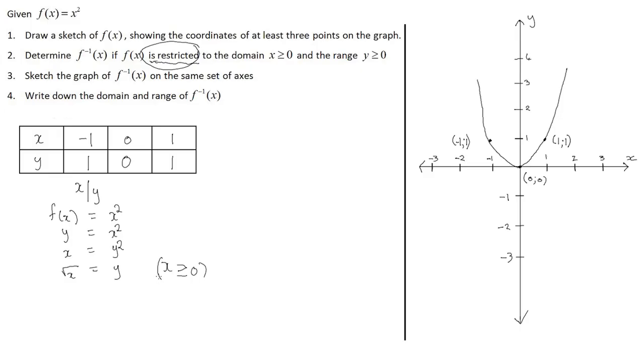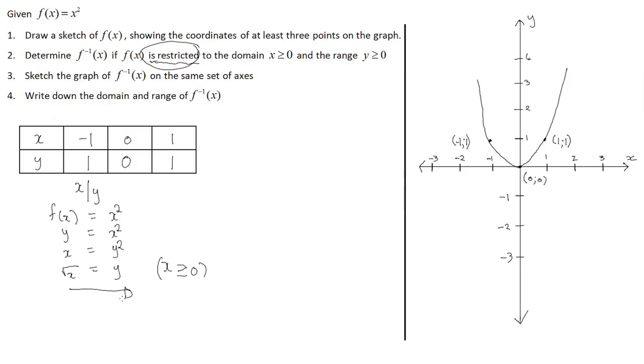Therefore, we are only going to use the positive, and not the negative. So please make sure that you explain that to your students. Because of that restriction, we are only going to use the positive sign, not the negative. Okay, so that would be our inverse.